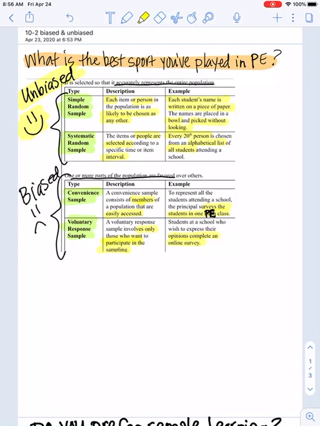So those results would be biased, okay, because it's voluntary. And the reason why voluntary responses are biased is because the people that are really interested in that survey are going to be the ones that respond. Students that don't really have a favorite sport in PE, or don't really like PE, then they're not going to respond. So those results are going to be biased.